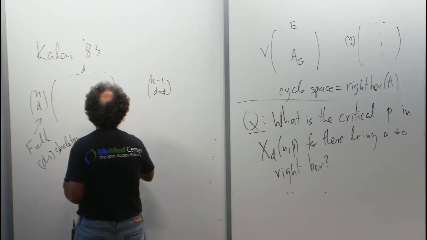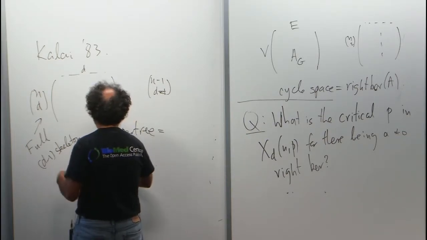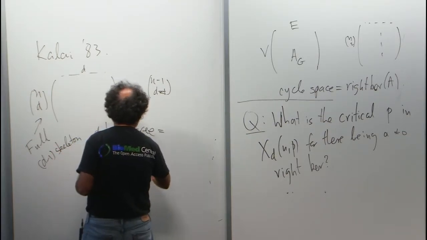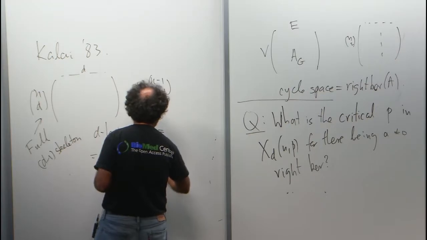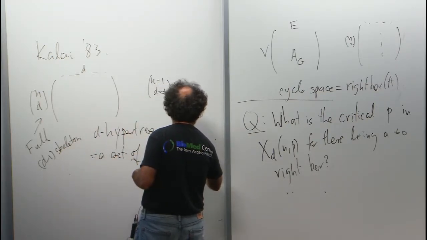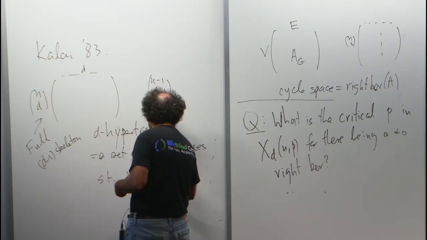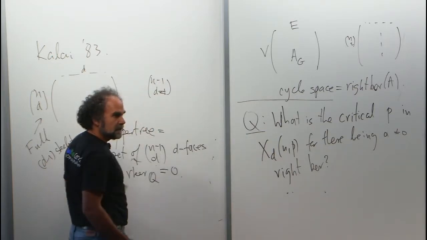So a D hypertree is a set of n minus 1 choose d faces such that the right kernel over the rationals is 0. That's its definition.